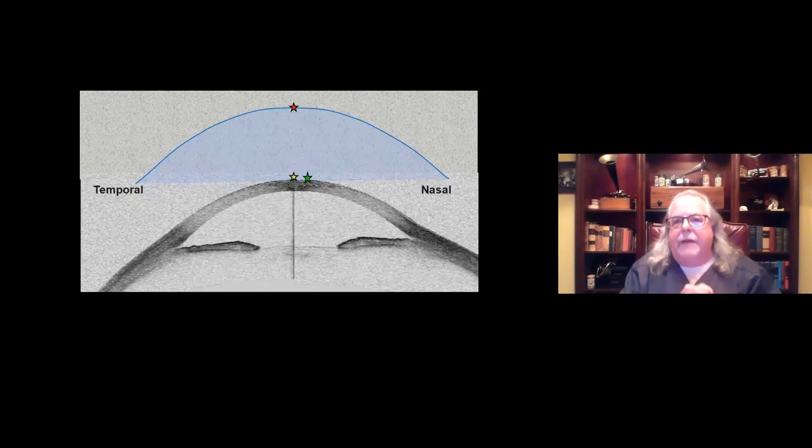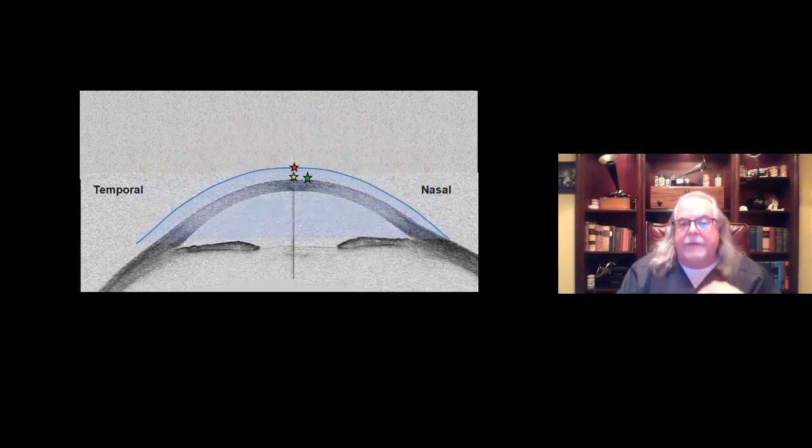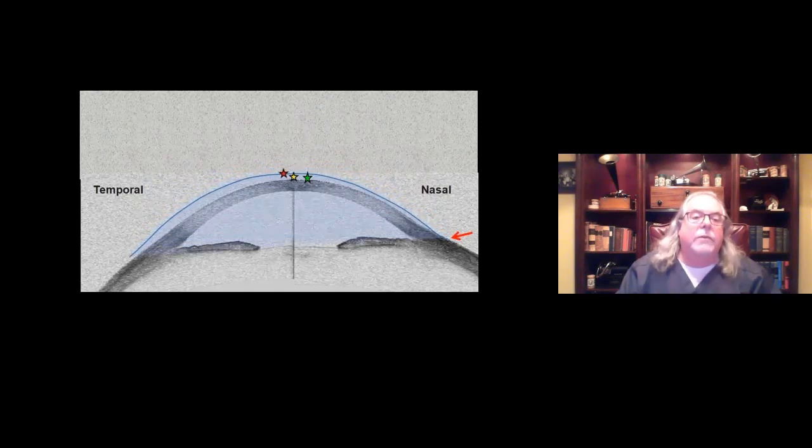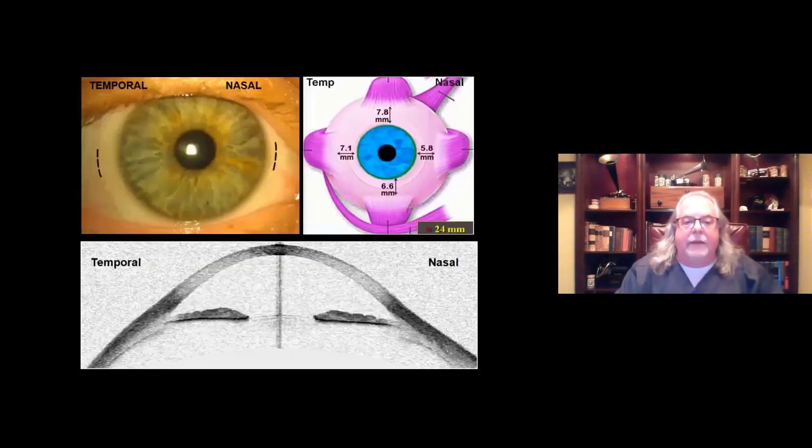This was a body of work done by Chad Rosen at Pacific University, which was some landmark work that showed us this great discrepancy. Now, as the lens comes down, it's going to hit the higher nasal sclera, and it has to find its equilibrium. And now the actual optic of the lens is even further away from the line of sight.